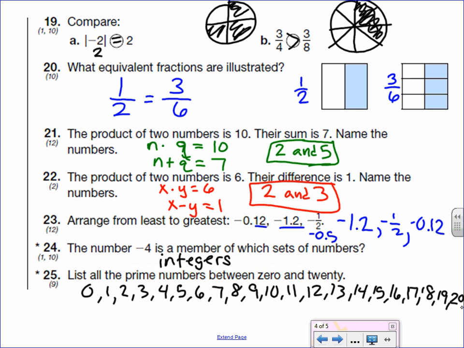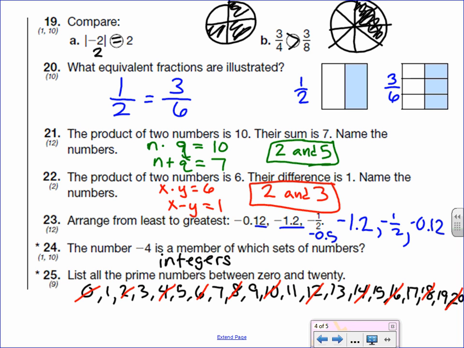Now, they are not prime if they are even because you can divide it by 2. And you can divide 0 by anything. So 0 is not prime, 2, 4, 6, 8, 10, 12, 14, 16, 18, 20.